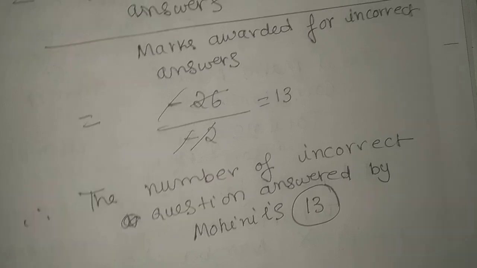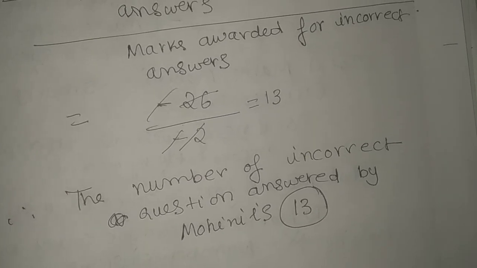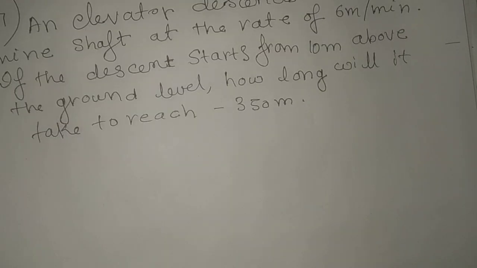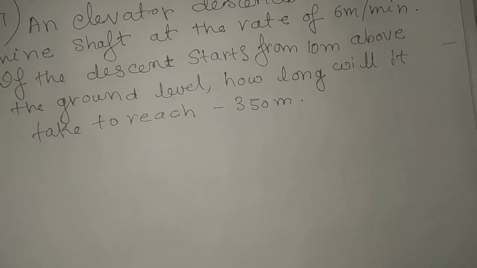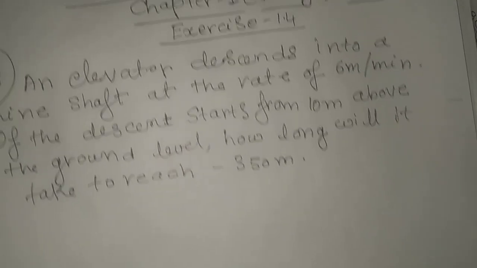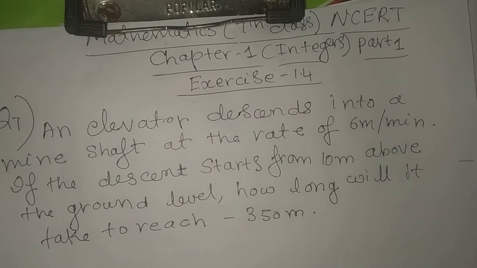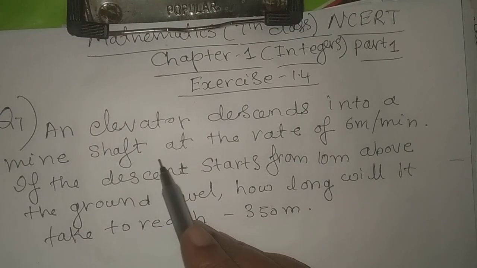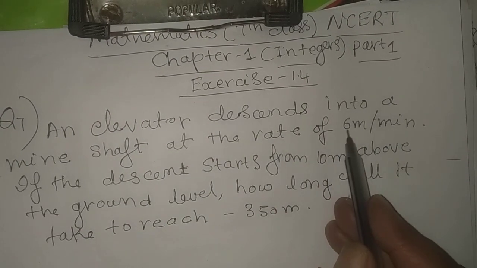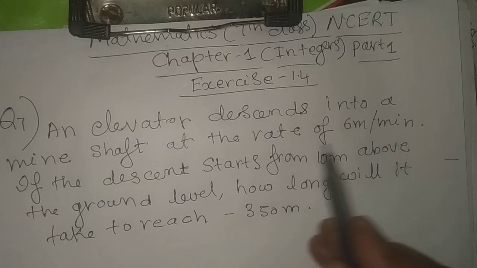Now we move on to the last question of this exercise, that is the 7th one. So this is an elevator descends into a mine shaft at a rate of 6 meters per minute.